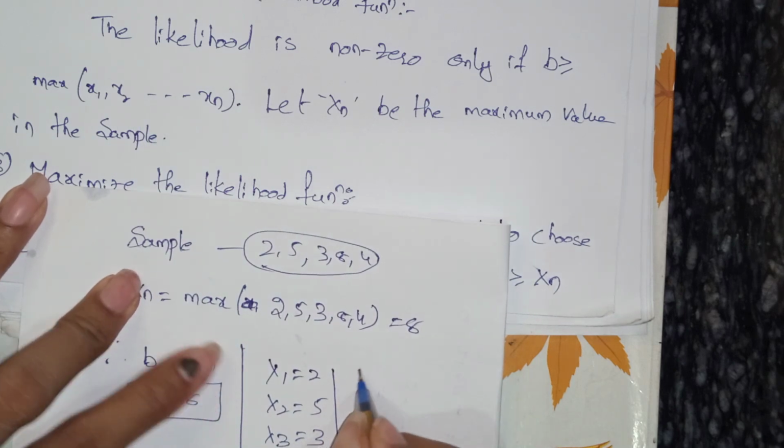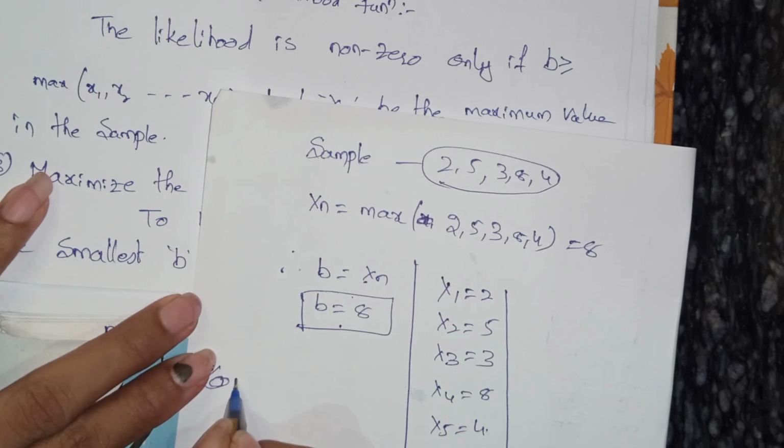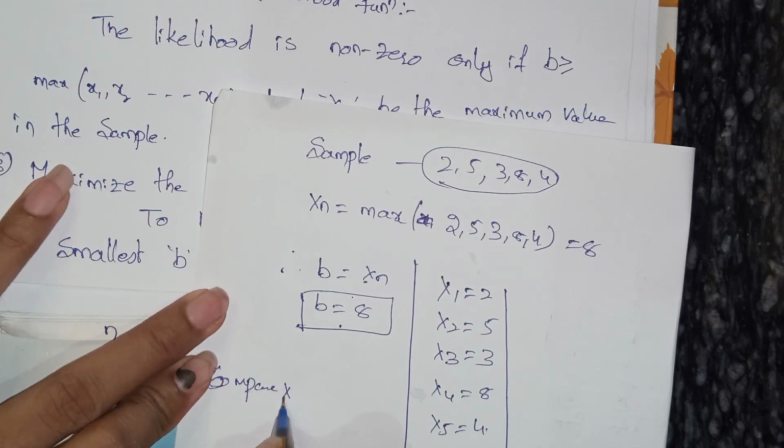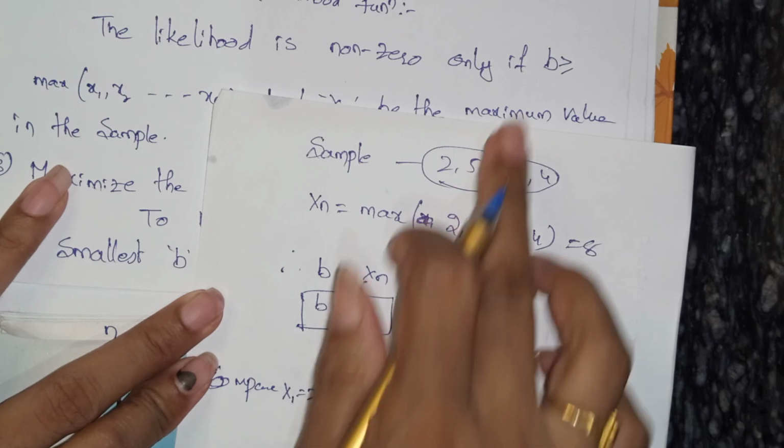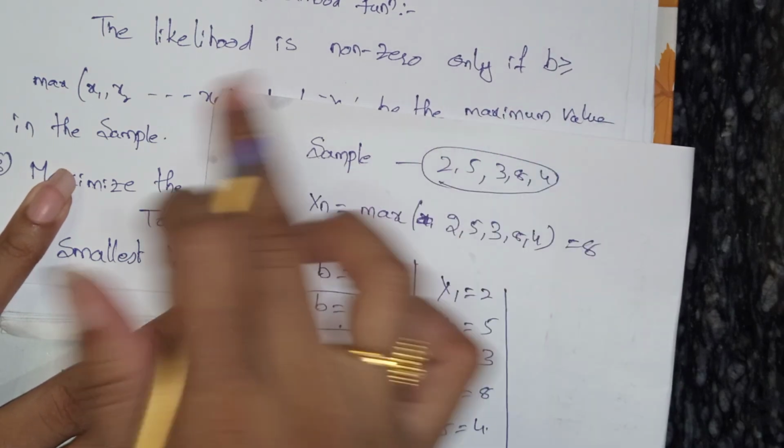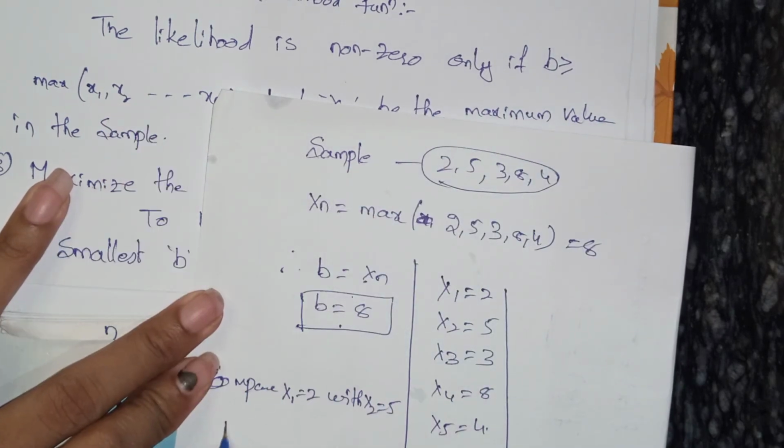The first comparison is x1 equals 2 with x2 equals 5. If you compare and see this inequality, b is greater than or equal to the maximum of 2 comma 5, which is 5. So here the b value is 5.